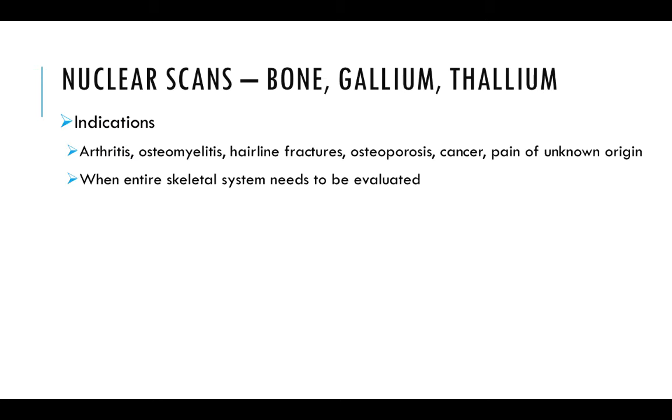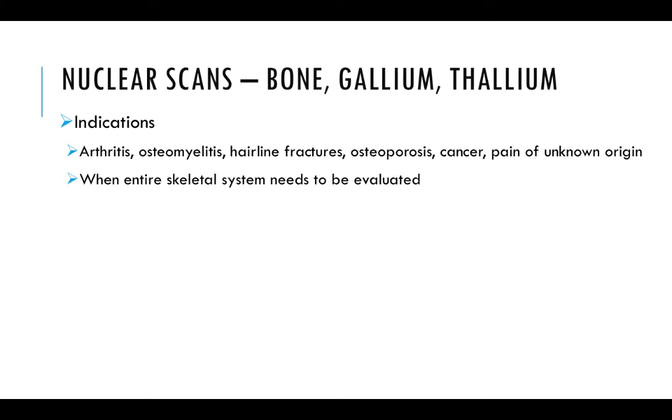Okay, also for arthritis, osteomyelitis, osteoporosis, and cancer, they can tell the extent of the problems. With cancer, they can tell if there are bone metastases, and a lot of times they'll do whole body scans to see the extent of the metastasis to the bones.